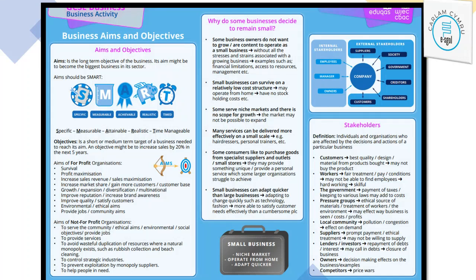If we think about Welsh Water, that is a non-profit organisation, and it doesn't make a profit on its service. Aims could be to avoid wasteful duplication of resources, to control strategic industries, to prevent exploitation by monopoly suppliers, and to help people in need.